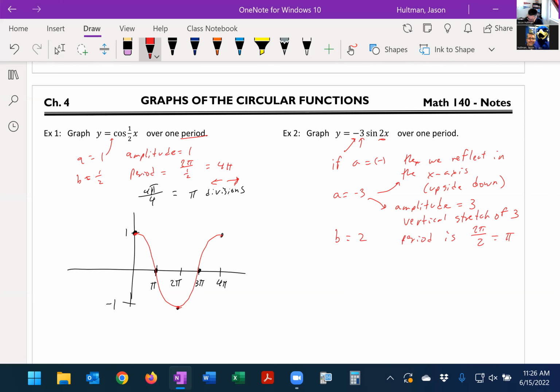So what are my divisions going to be? Well, my divisions will be the period over 4, pi over 4. So now instead of the original going up by pi over 2s, we're going to be going up by pi over 4s. Basically this is what we call horizontal compression.